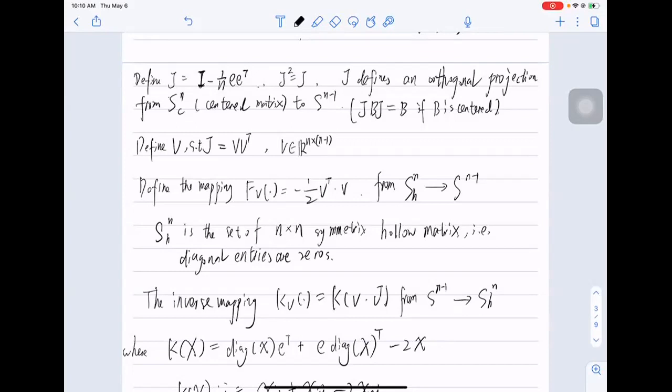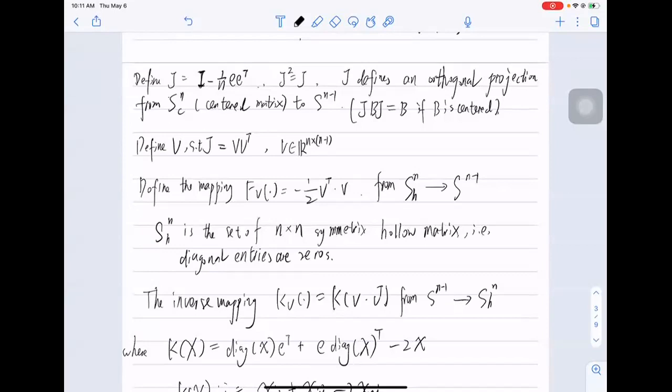J defines an orthogonal projection onto S_C^n, the space of symmetric matrices which are centered, meaning they are in the orthogonal space of e, right?